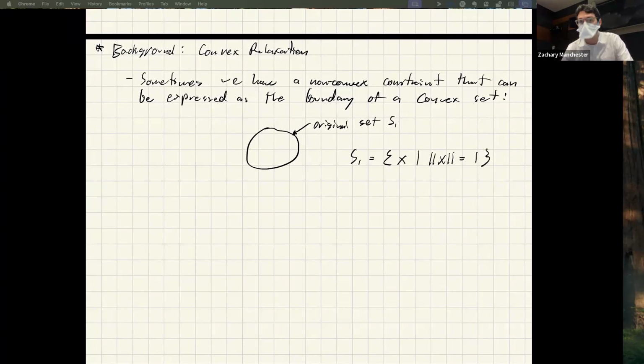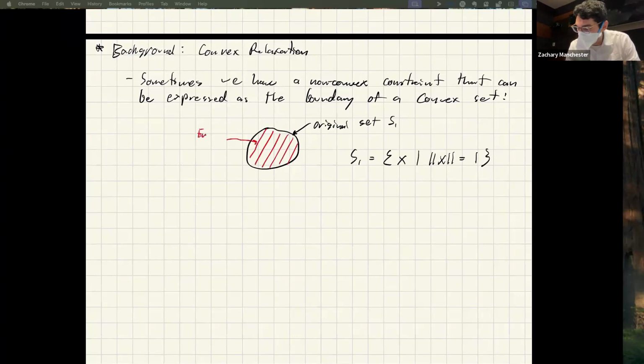So it's on the unit sphere, right? So that's non-convex. If I pick two X's that are on that sphere, I draw a line across. The line's not on the surface of the sphere, it's in the interior. But if I enlarge this set to what we'll call S2, where I include the inside of this sphere, so that's a ball now, we'll call this S2.